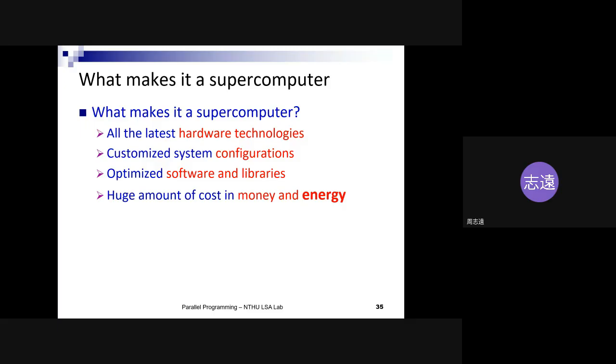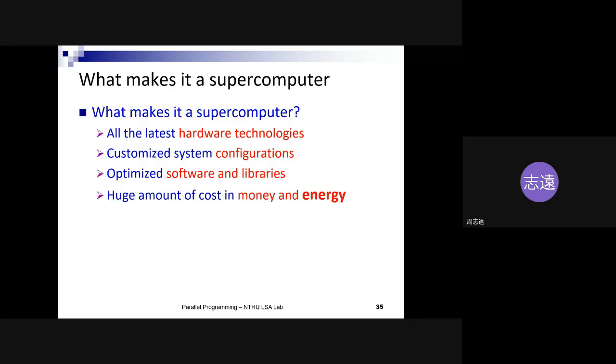So for supercomputers, in fact, not only do we have this Top500 list, we also have another list called the Green500 list. For that list, what they compare is performance per watt. So the energy is included in the consideration as well.